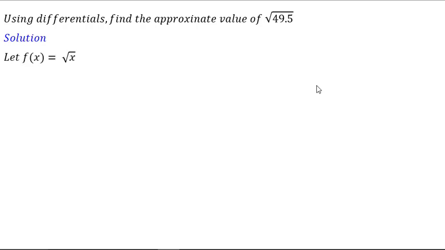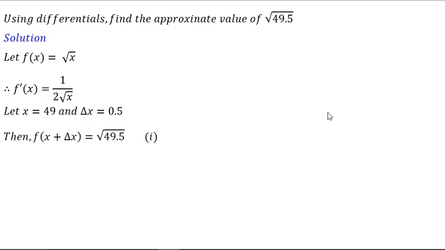Now let us see. First we are going to define the function in terms of x and y. So easily we can see that my function f(x) is square root of x. Now differentiate it. Its derivative is 1 upon 2 root x. Now here we will take the value of x as 49, value of dx is 0.5.